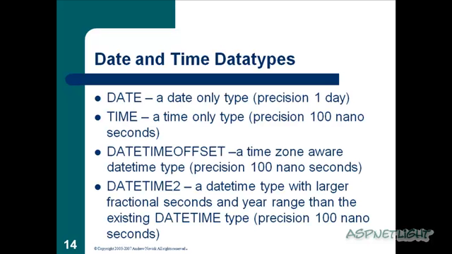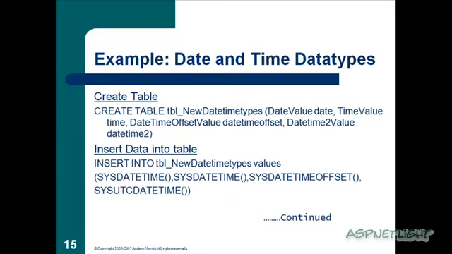Here are the new data types in SQL Server: date and time. Time has precision up to 100 nanoseconds, which has only been implemented in this version. There are also datetimeoffset and datetime2, which give larger fractional seconds, more fractions than before.